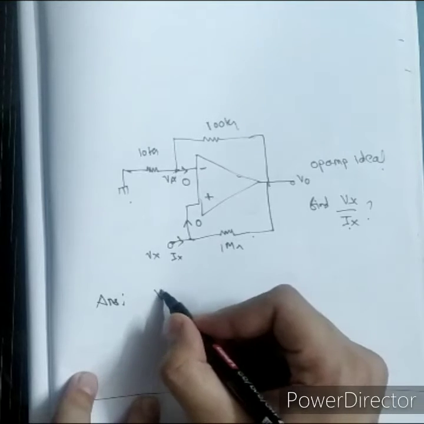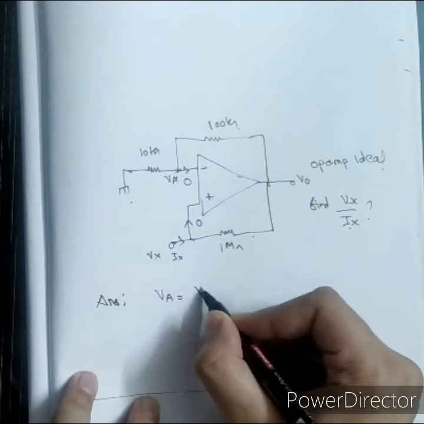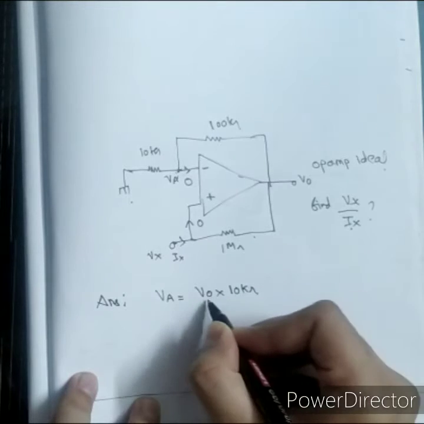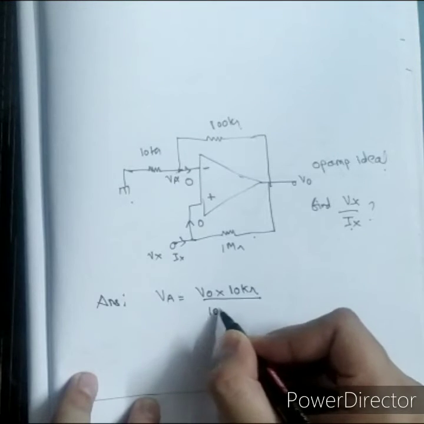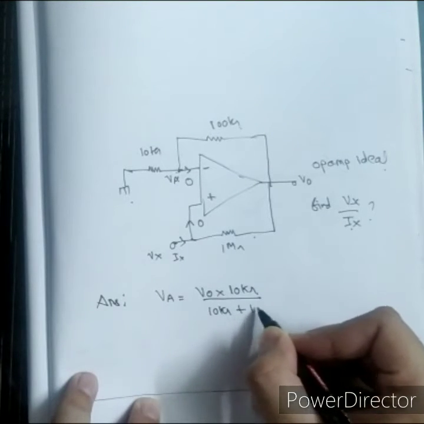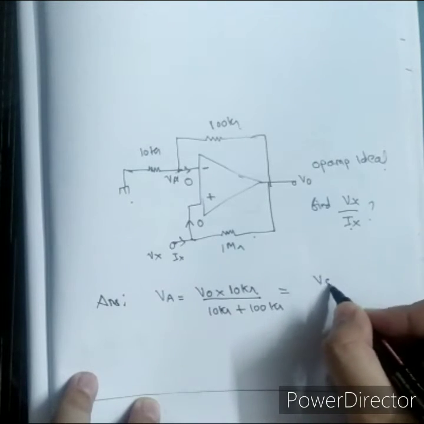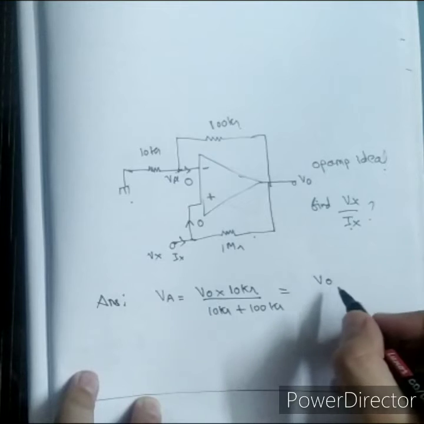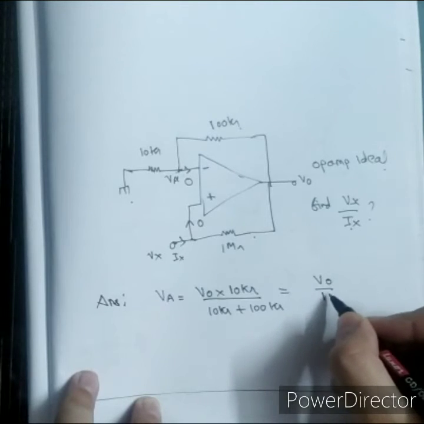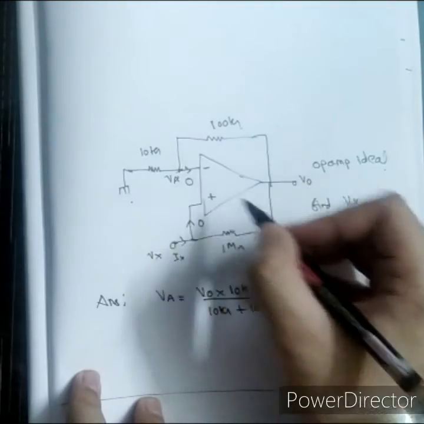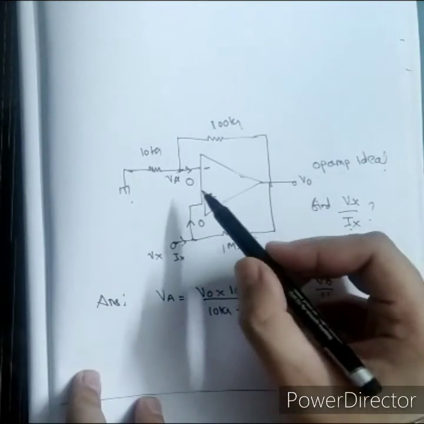So VA will be VO into 10 kilo ohm divided by 10 kilo ohm plus 100 kilo ohm. So this becomes VO by 11.